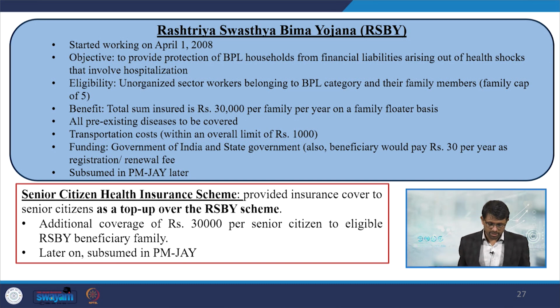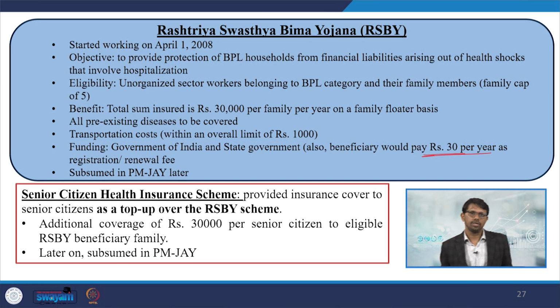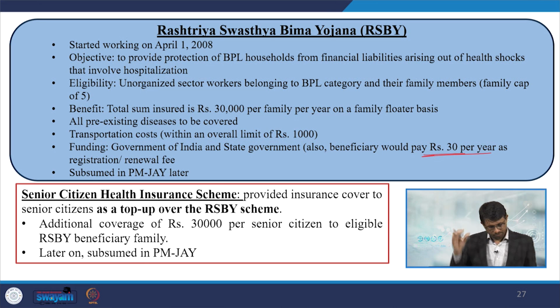Funding comes from the Government of India and the state government both, and beneficiaries pay rupees 30 per year as a registration or renewal fee. This is subsumed under the famous scheme PMJAY in recent times, the Pradhan Mantri Jan Arogya Yojana.